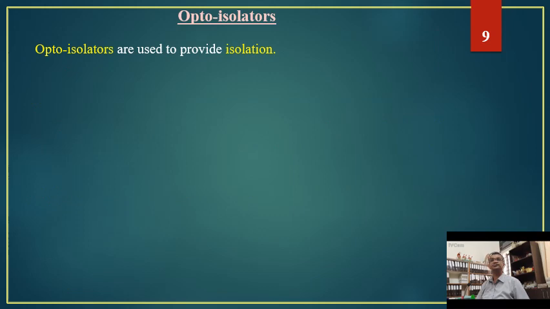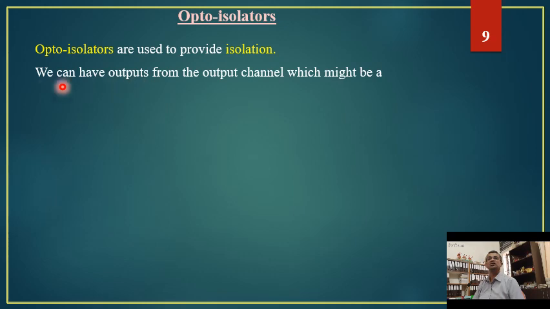So last part of today's session, that is opto-isolators. Opto-isolators are used to provide isolation, as I already mentioned. We can have outputs from the output channels, which might be a 24 volt or 100 milliamps switching signal.